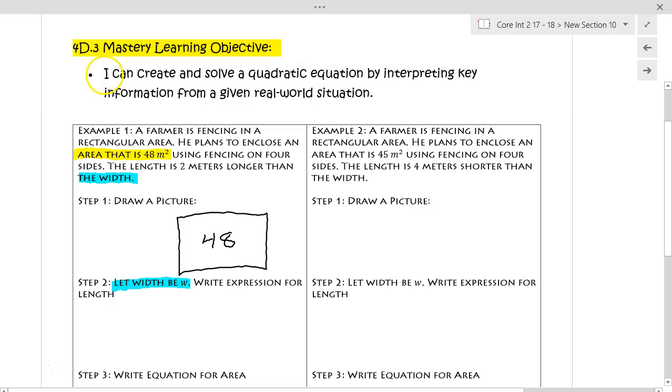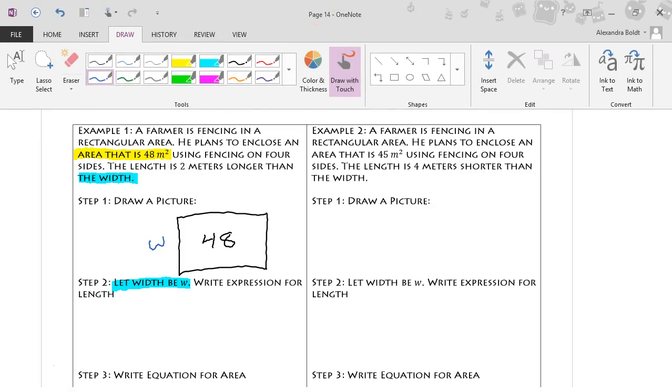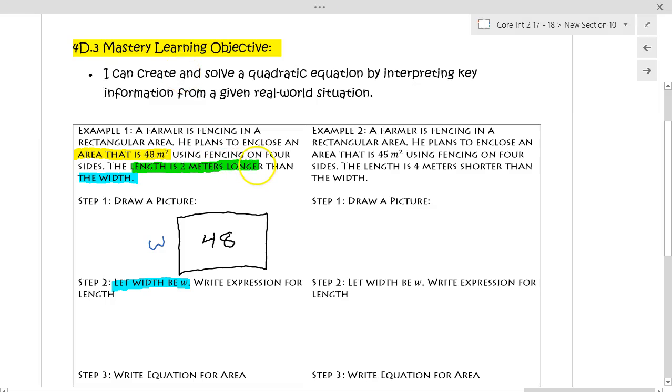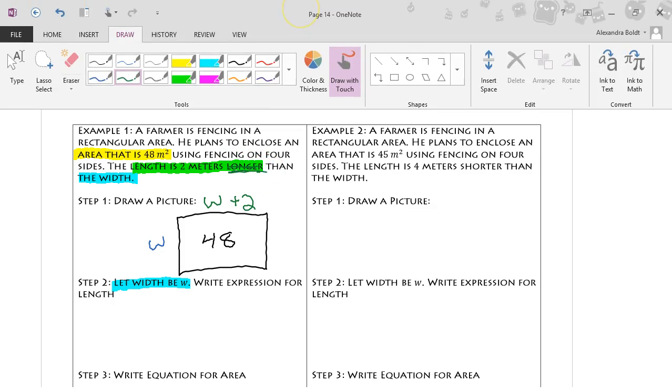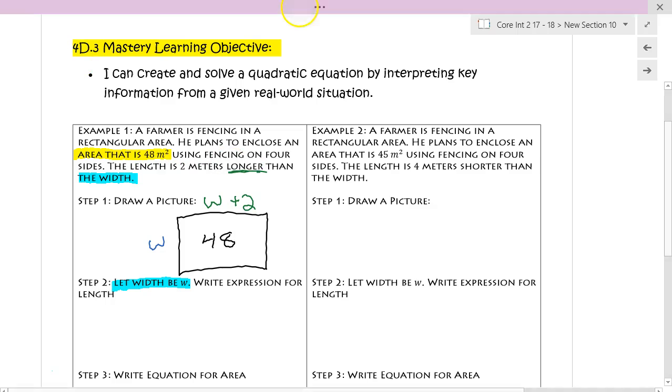And then my length is 2 meters longer. So the length is the width plus that 2 meters. That's kind of how you're looking like when the side B was 9 inches longer, 4 inches shorter, or whatever. Okay, so it's longer, so we're adding. You have to put more there.